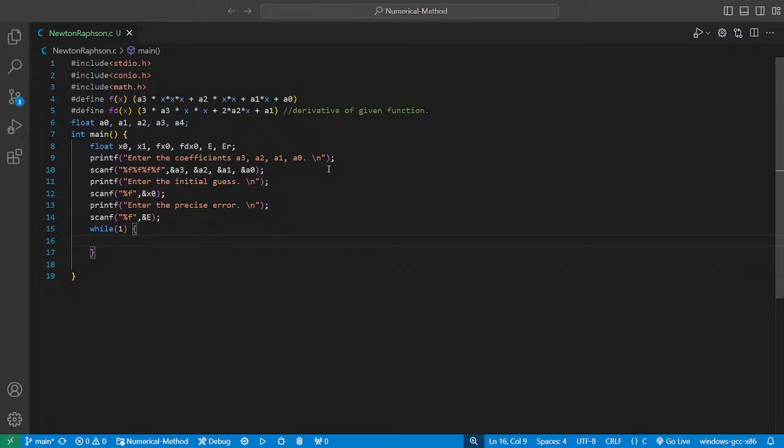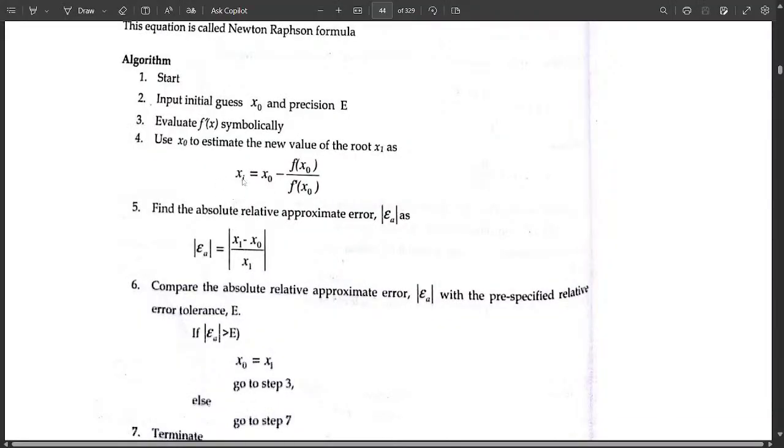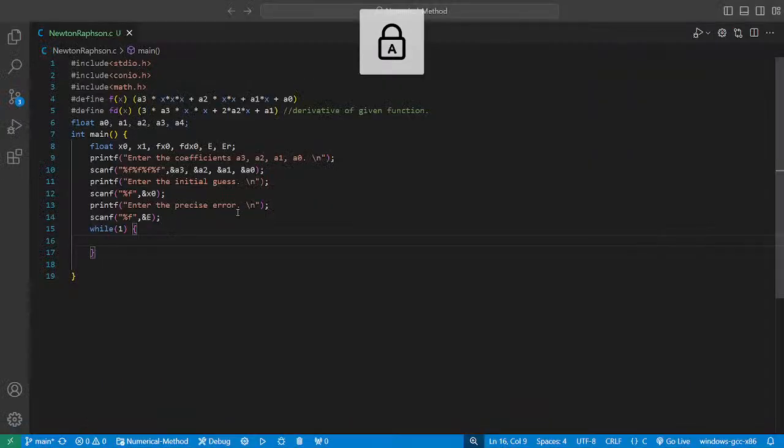If the user inputs one, the process will be one. So here we use xi equals, like we are directly giving the value one. First of all, we need to put the value the user inputted into this function.